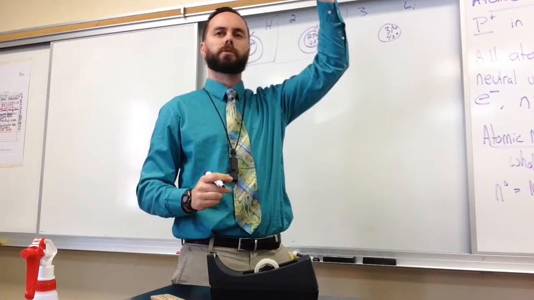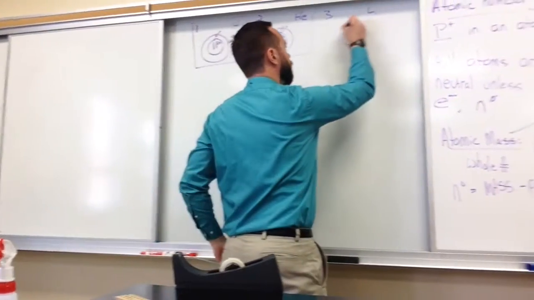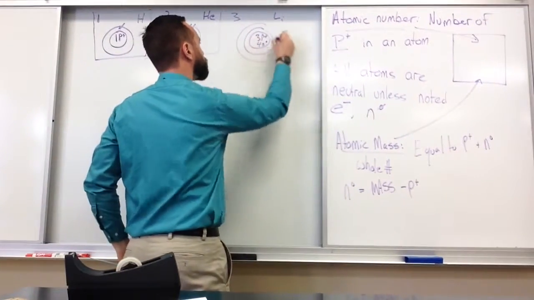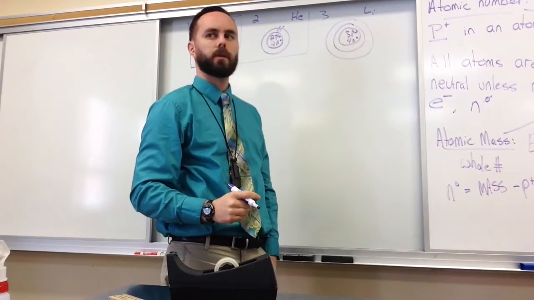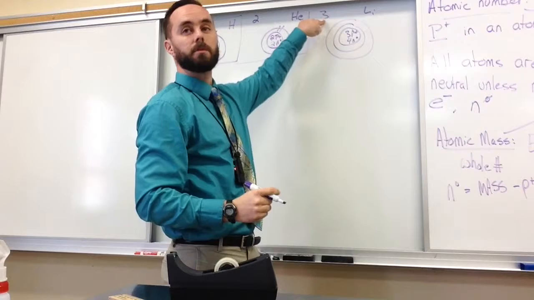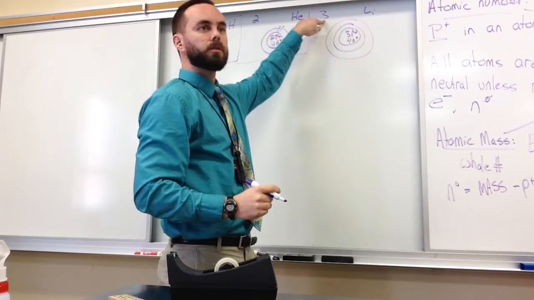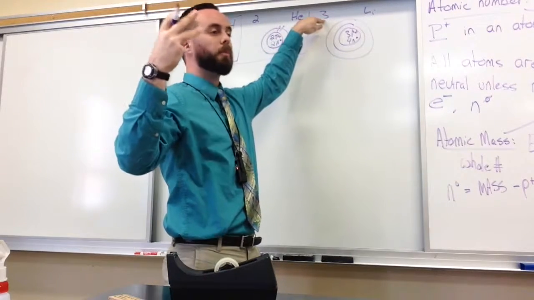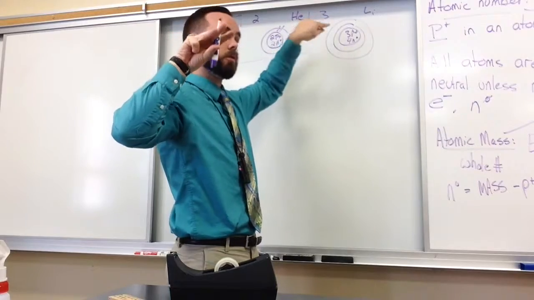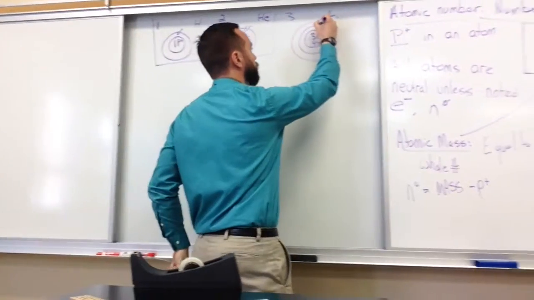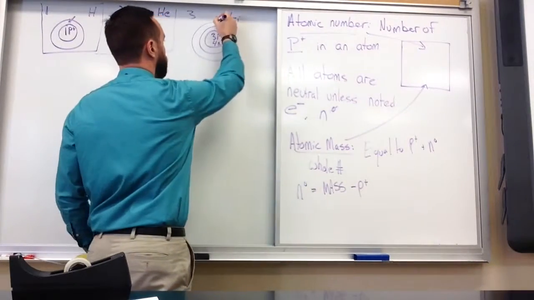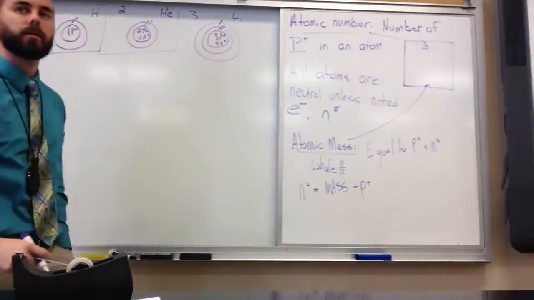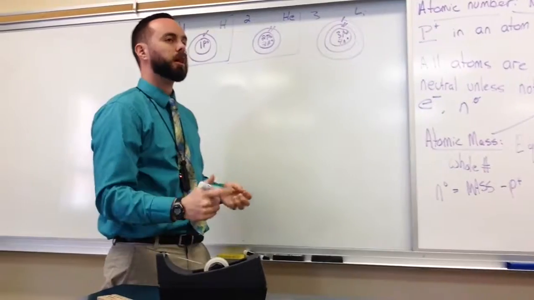So how many circles? 2 circles around it. And how many total electrons? Same as its atomic number. 3. Do you remember how many can fit in the very first ring? 2. So 2 of them go here. They show up as pairs. And then we've only got 1 electron left to place, so it's got to go in the level outside that.